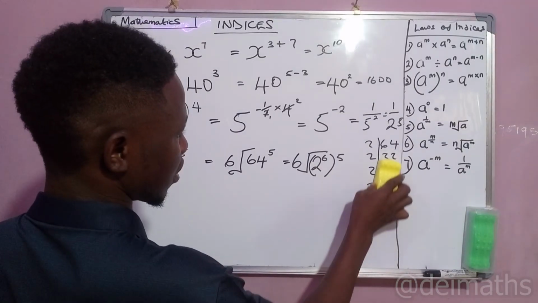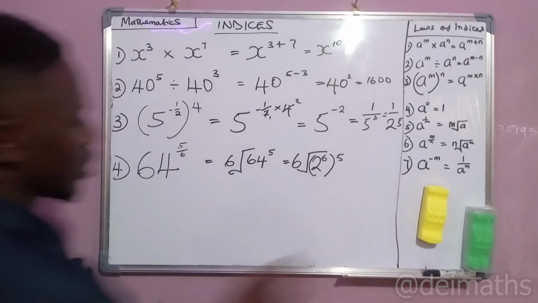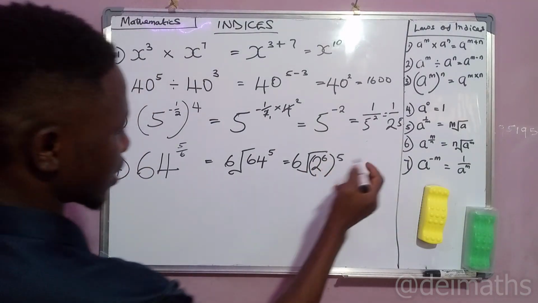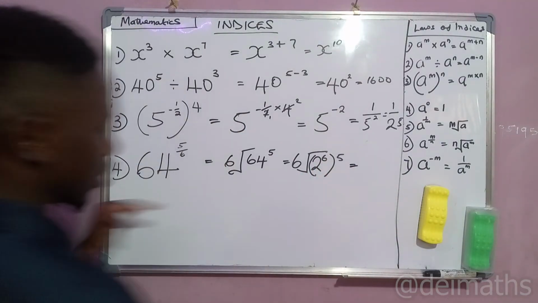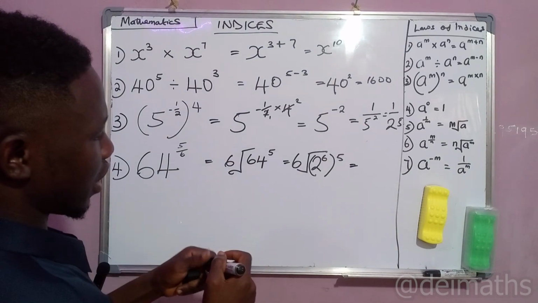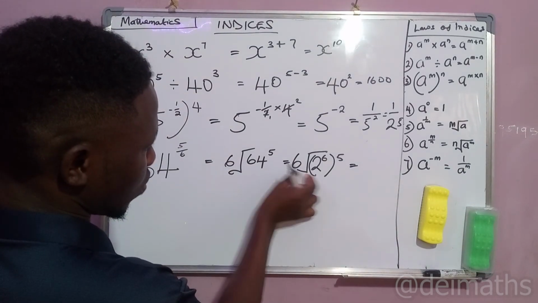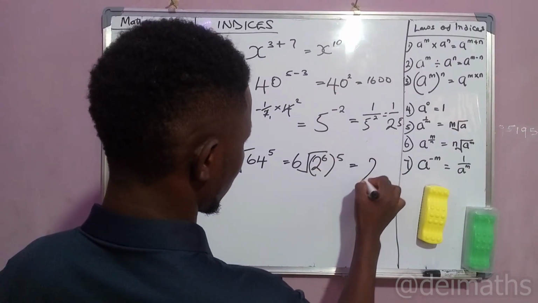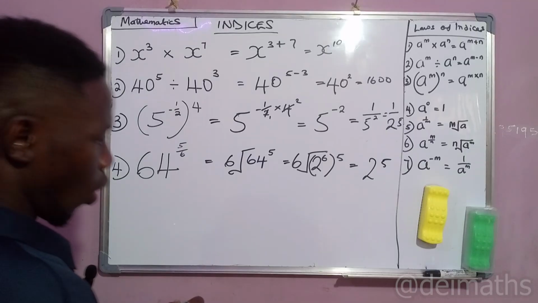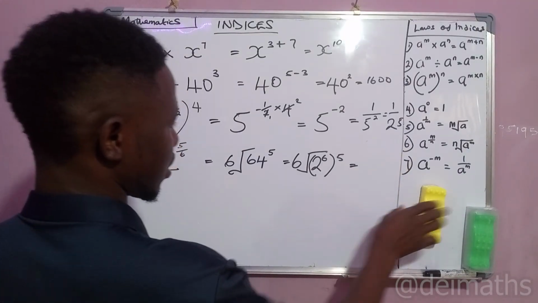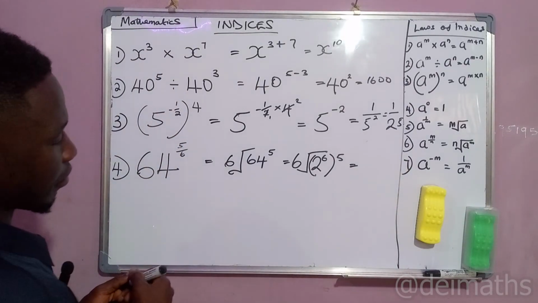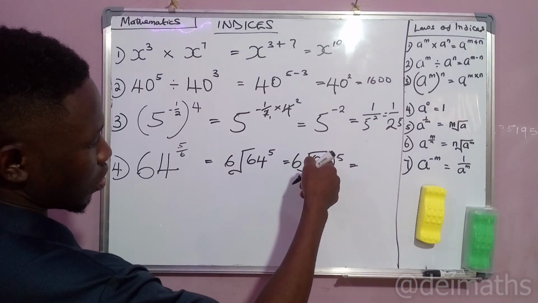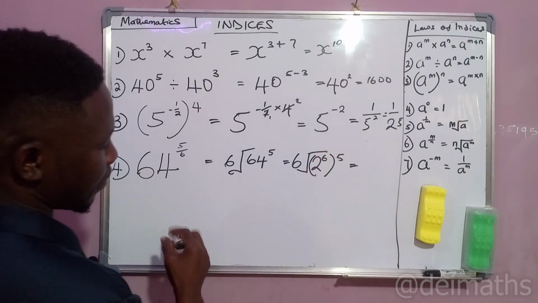Let's explain it. We now have this. Next step is, you can just say 6 roots, we cancel this power 6. Now we'll have 2 raised to the power 5. Or you can just do it like this. 6 roots, 2 raised to the power 6 times 5.